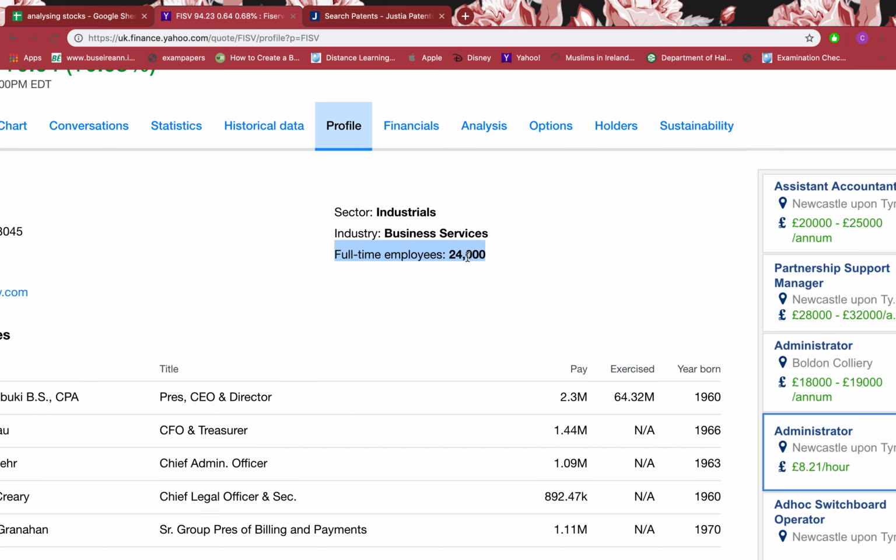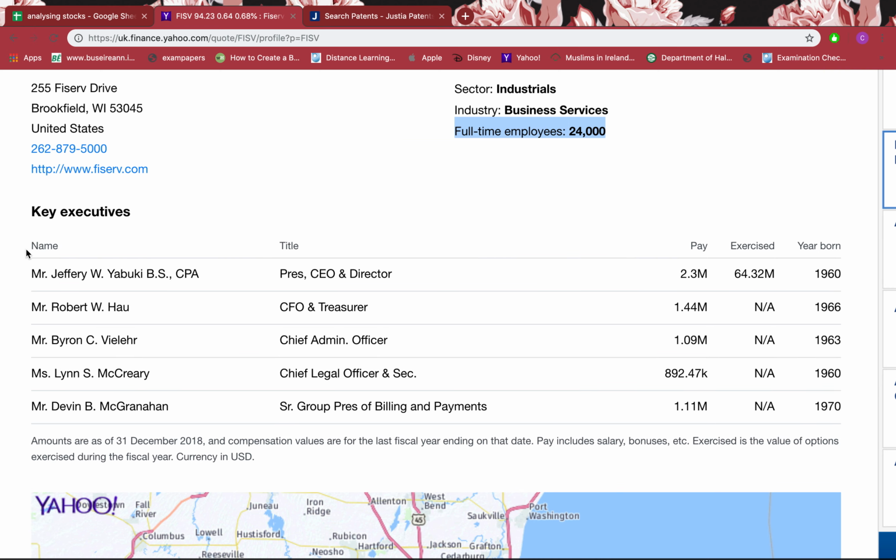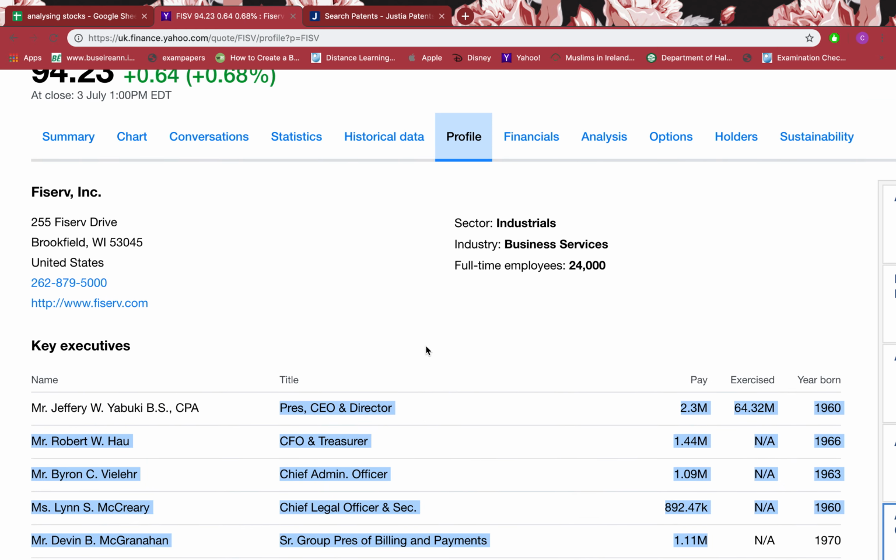Full-time employees is 24,000, and they have five key executives that are the main people, and all of them have their salaries shown, which is brilliant because the more transparent, the more information we have, the better. It builds trust, and you can see all the salaries and stuff like that.